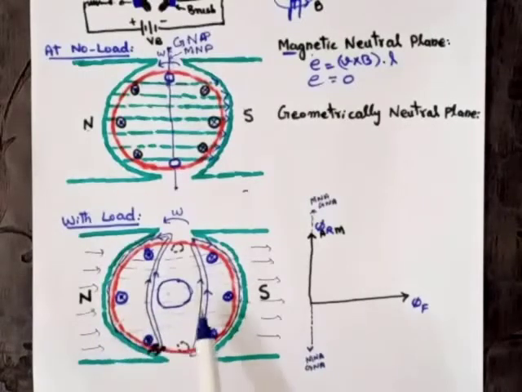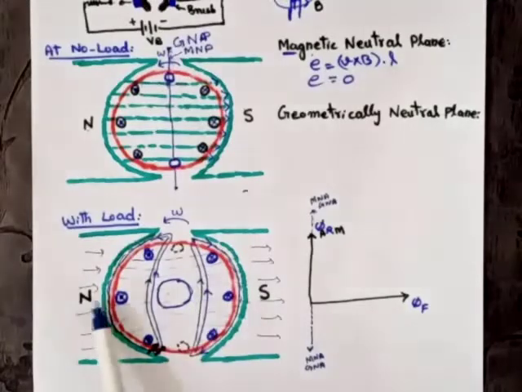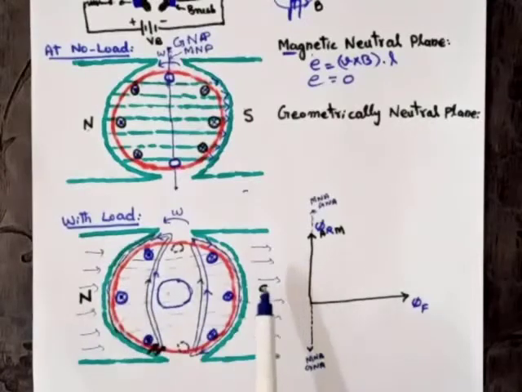This is the armature flux, and this is the field winding flux. The armature flux will disturb the main field, that is the magnetic field from north to south.